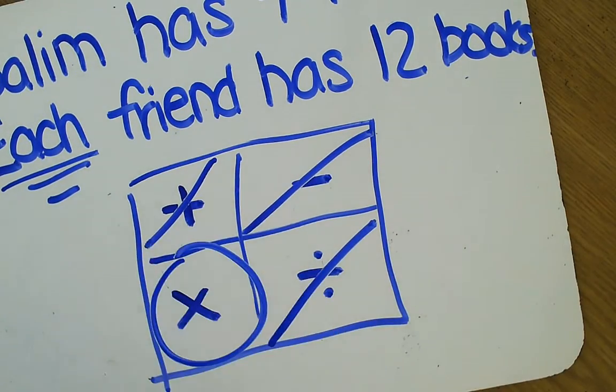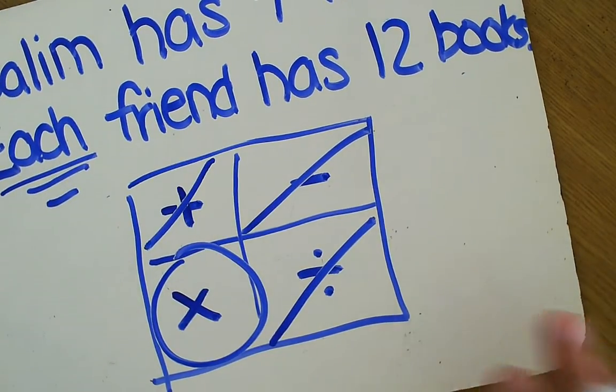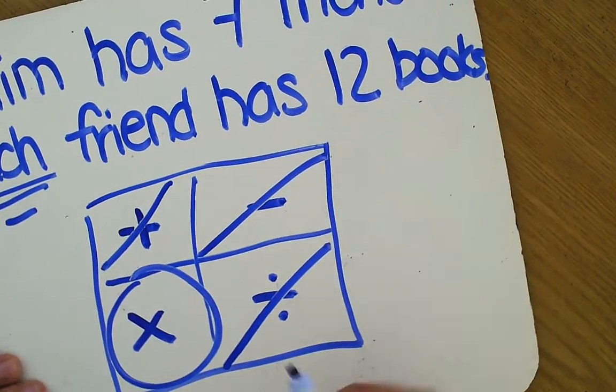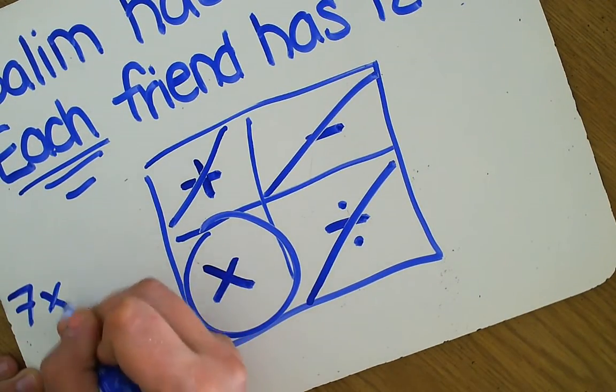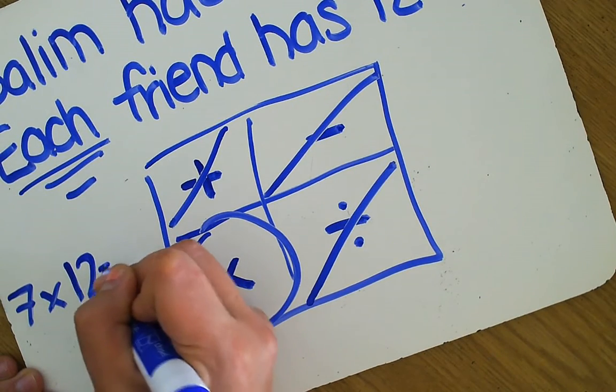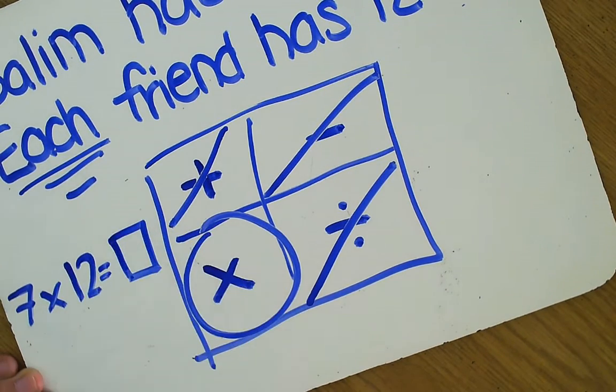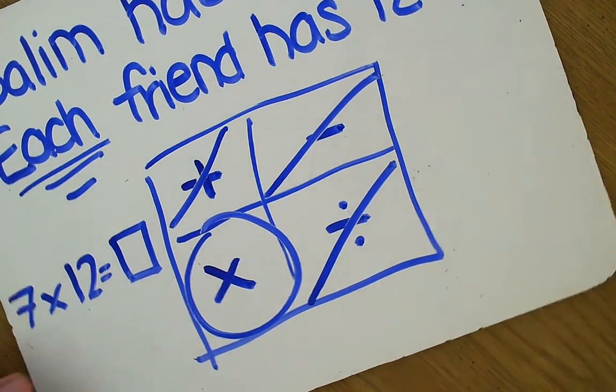We need to multiply. So if we wanted to write an equation for this, we could write 7 times 12 equals our unknown. Because each one of those friends has 12 books.